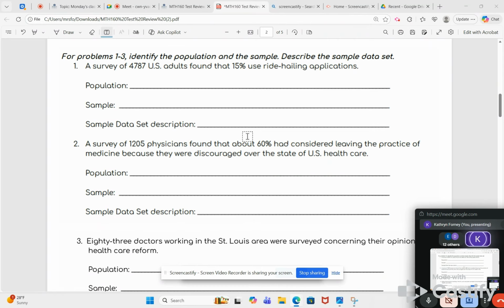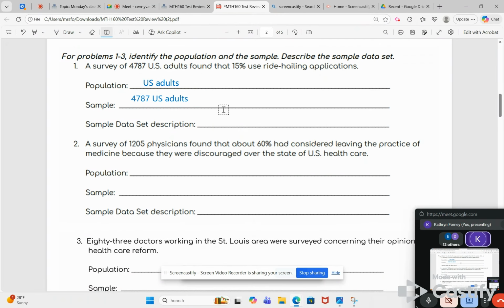So, looking at this, the population is U.S. adults, and we have a sample of 4,787 U.S. adults.